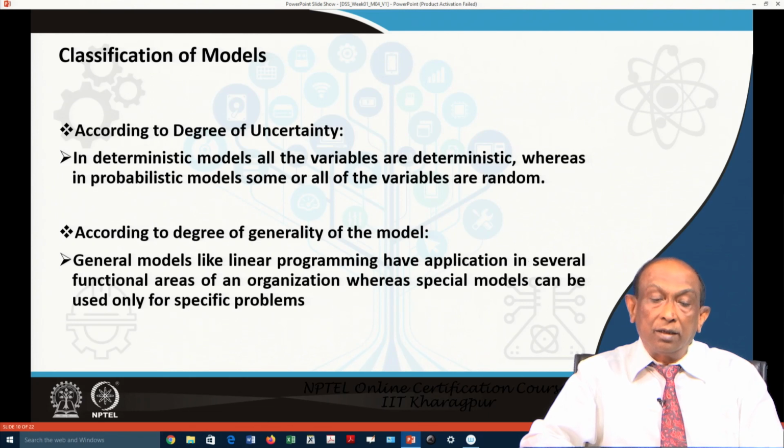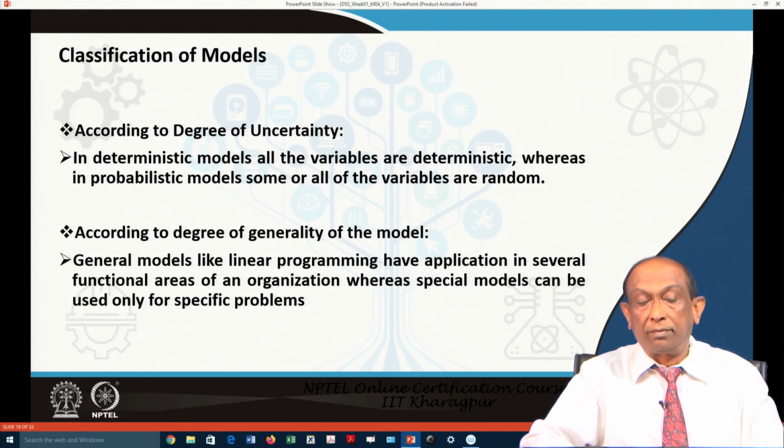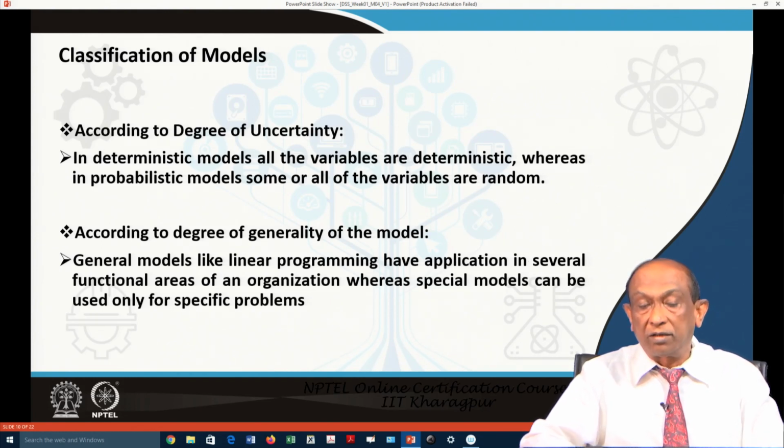Next, classification of models according to the degree of uncertainty. In deterministic models, all the variables are known and are deterministic in nature, whereas in probabilistic models, some or all of the variables are random in nature.